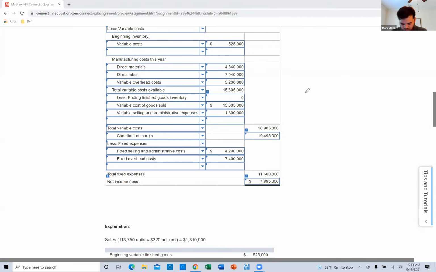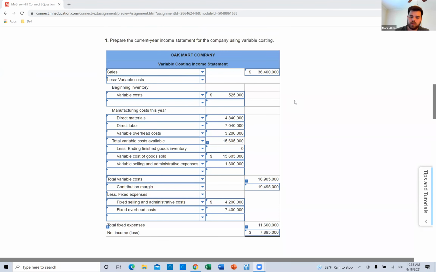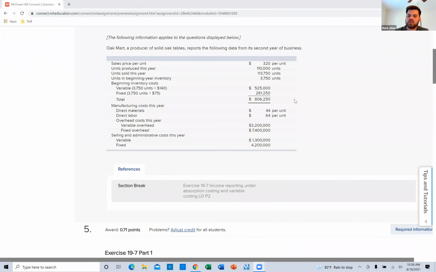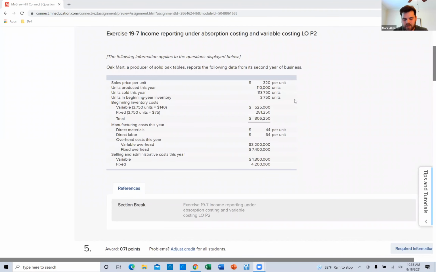Now, the only thing left for us to think about at this point, before we continue on, is, what do I expect the relationship to be? We just did all this work for variable costing. Before I do my absorption costing income statement, maybe I should think about what I expect that income number to actually be.